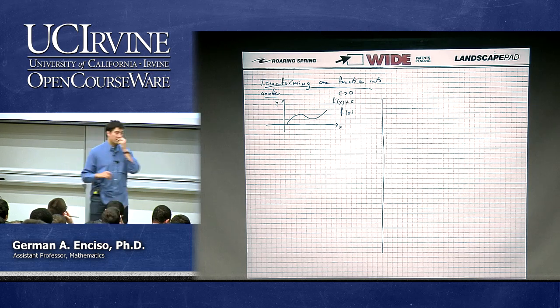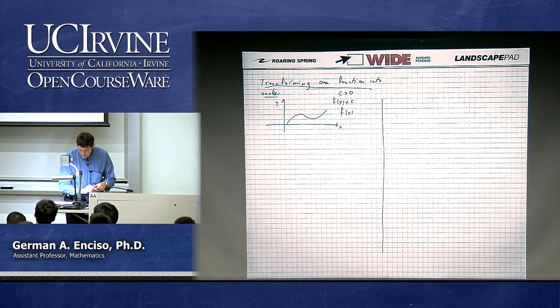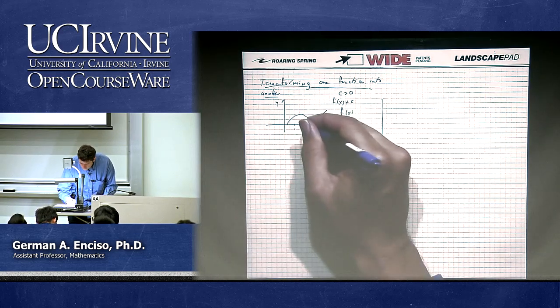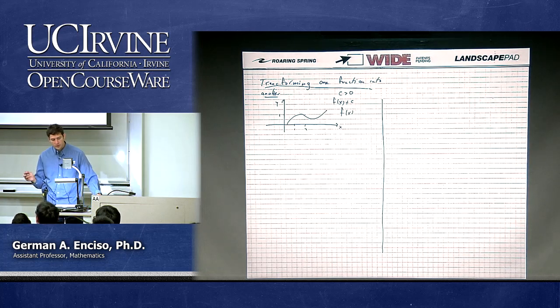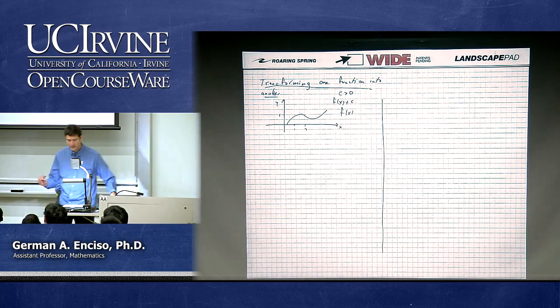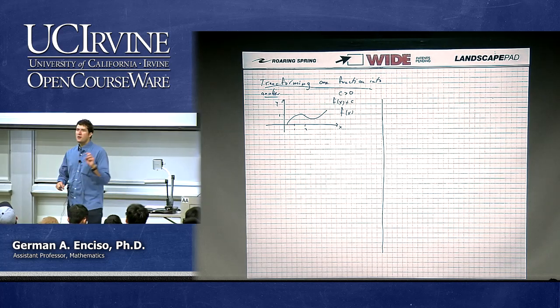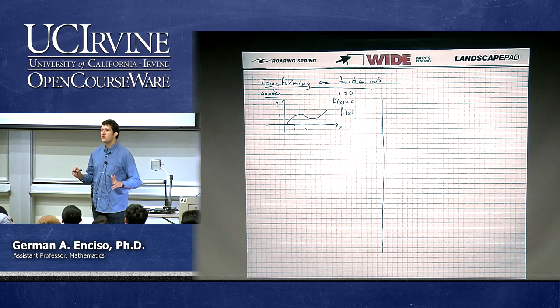So for example, let's see, this is 1 and 2, and this is 1. Let's say that c is equal to 2. Well, actually, let's make c equal to 1 in this case. So f of 2 is equal to 1. Do you guys agree? f of 2 is equal to 1.